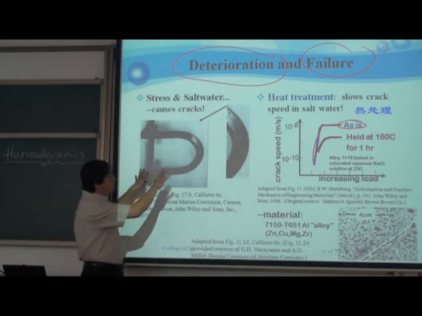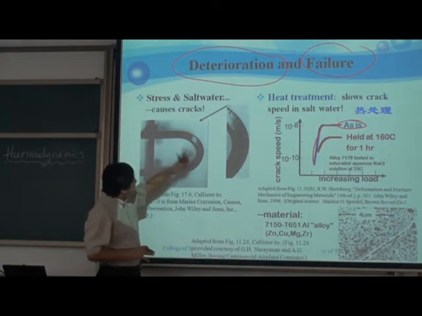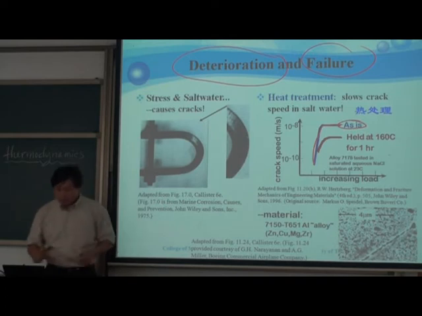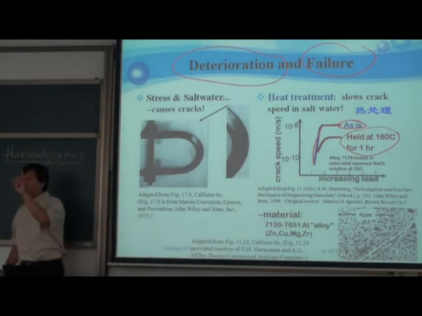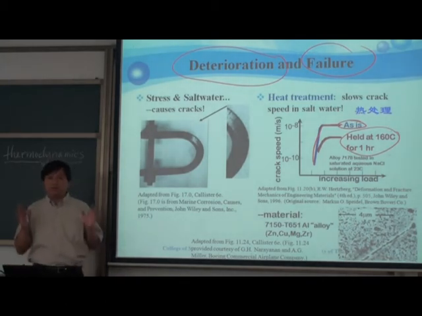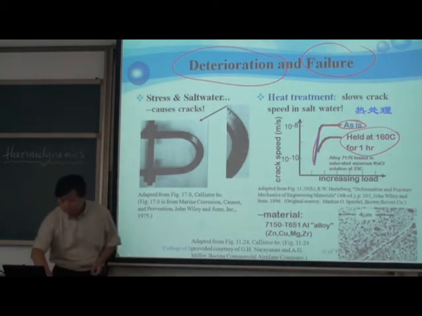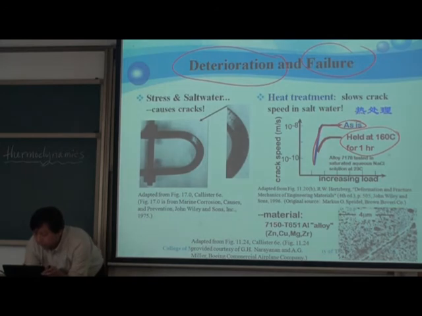If before you put this material into salt water, you heat it at 160 degrees Celsius for 1 hour, things will be totally different. Now look at this crack growth speed.